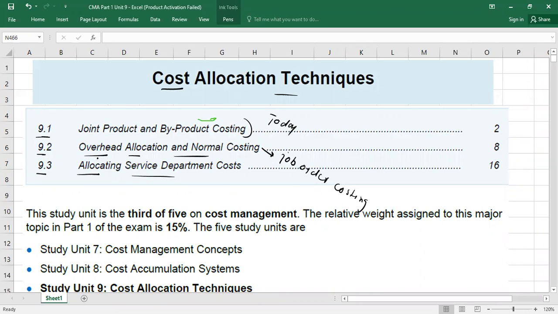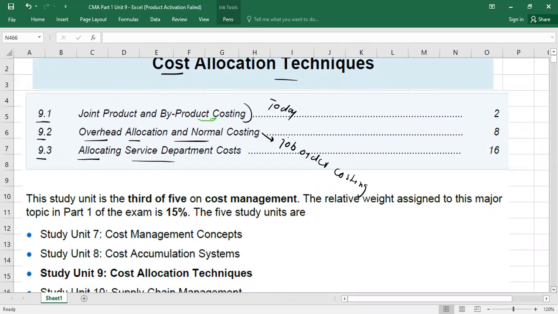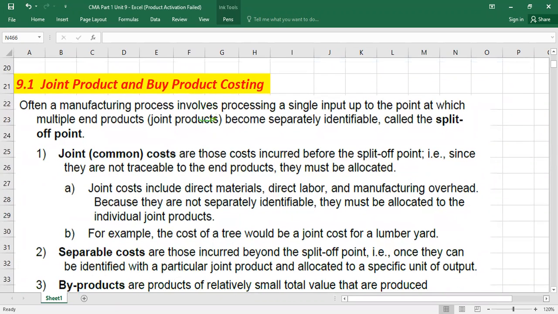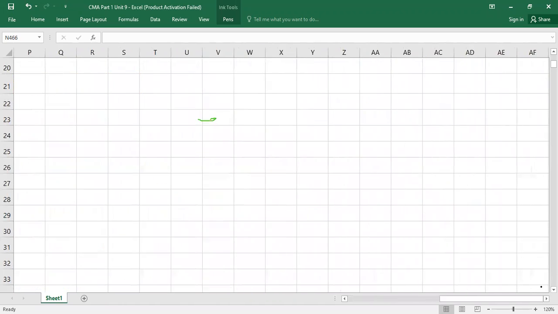Okay, so discussing what? Joint product and byproduct costing. So here we go. Let me start with the help of an example and then we'll come back to what definitions are written. A very common example to understand joint product and byproduct costing is the oil and gas business.